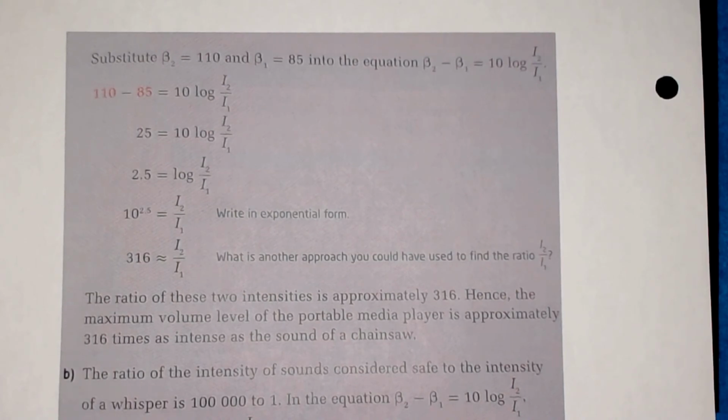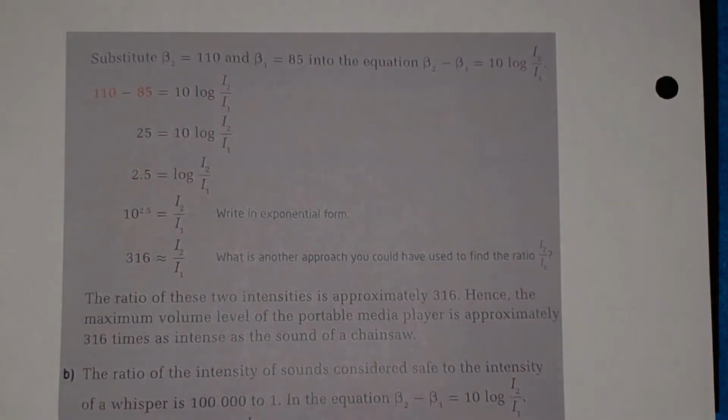And then subtracting those, you get 25 is equal to 10 log I2 over I1. You'll divide both sides by 10 to cancel it out, to leave you 2.5 is equal to log I2 over I1. And then you'll get 10 to the power of 2.5 is equal to I2 over I1. And just punch it into your calculator to get approximately 316 times greater for that ratio.